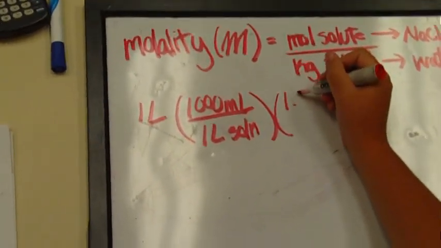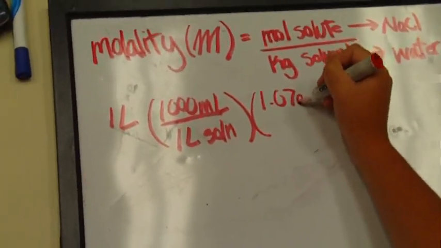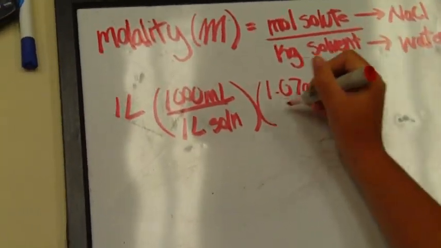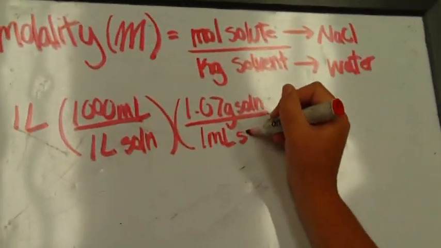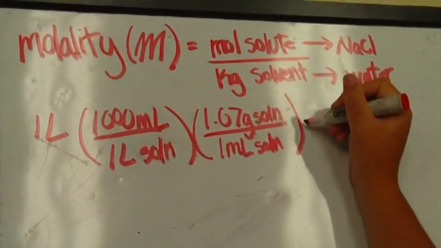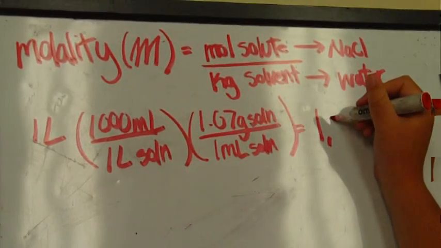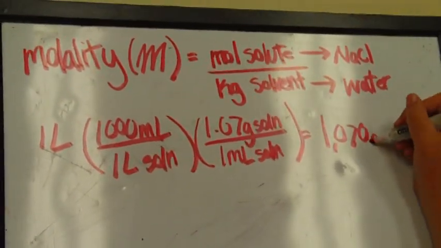They give us the density of 1.07 grams of solution over 1 milliliter of solution, and that equals 1,070 grams of solution.